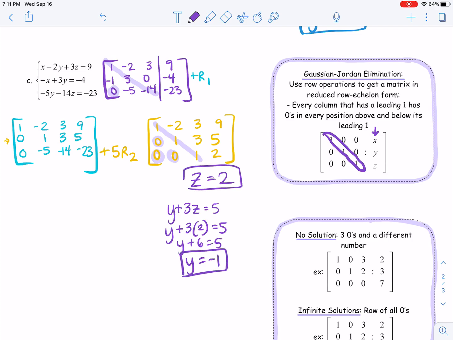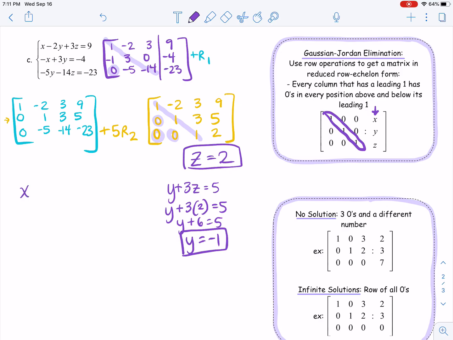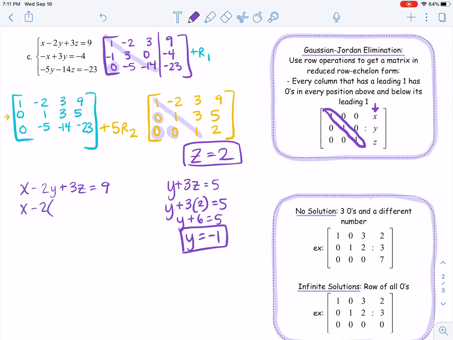If I know Z is 2 and Y is -1, then I can substitute into my first equation, which is really representing X minus 2Y plus 3Z equals 9. Don't know X. Y is -1. Z is 2. Simplify. Combining like terms and solving, X is 1. So I get X is 1, Y is -1, and Z is 2.